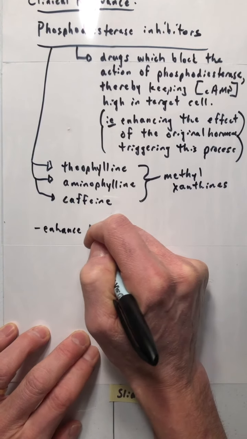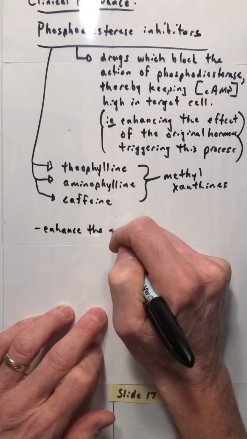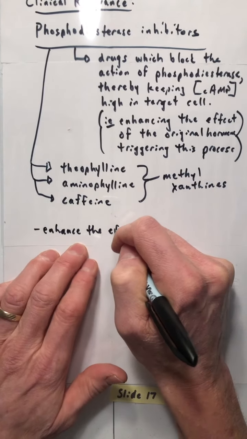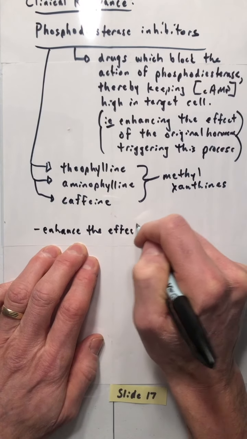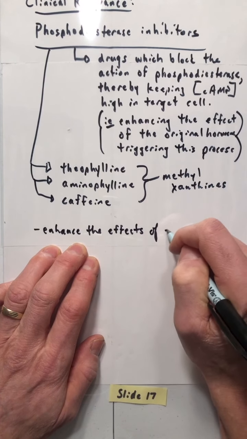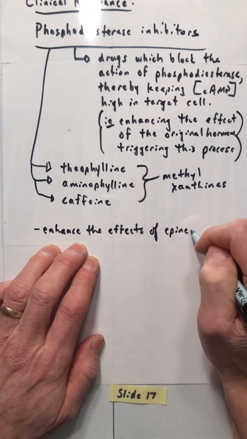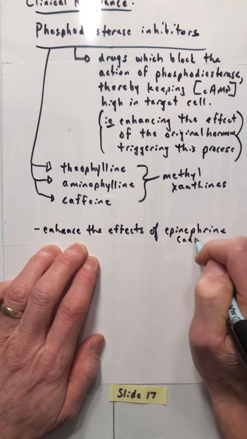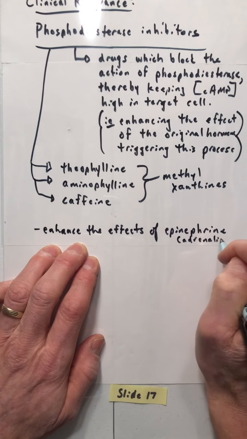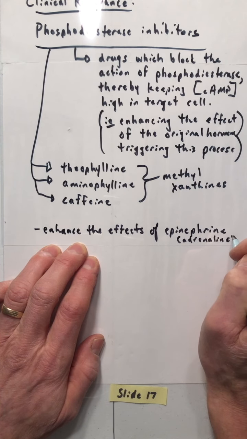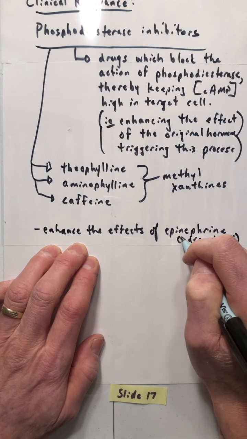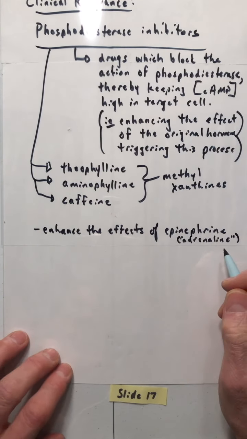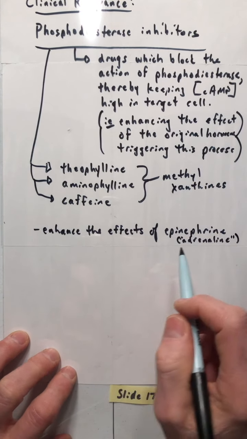They enhance the effects of epinephrine, or adrenaline as it's commonly called. Epinephrine and adrenaline mean the same thing. It's the same chemical. We sometimes call it adrenaline. But since adrenaline or epinephrine works by cyclic AMP second messengers, their effects are going to be enhanced.